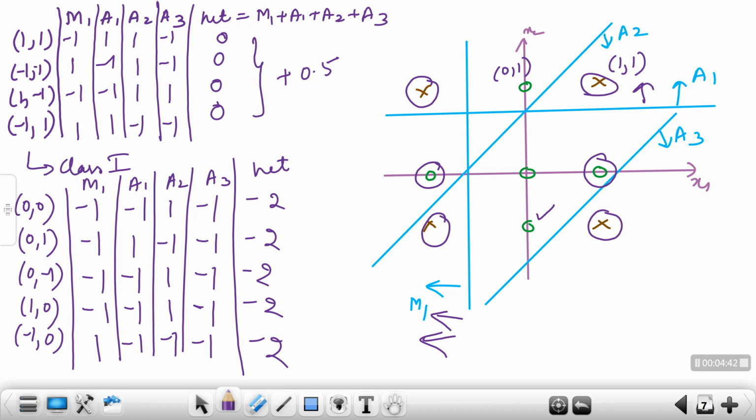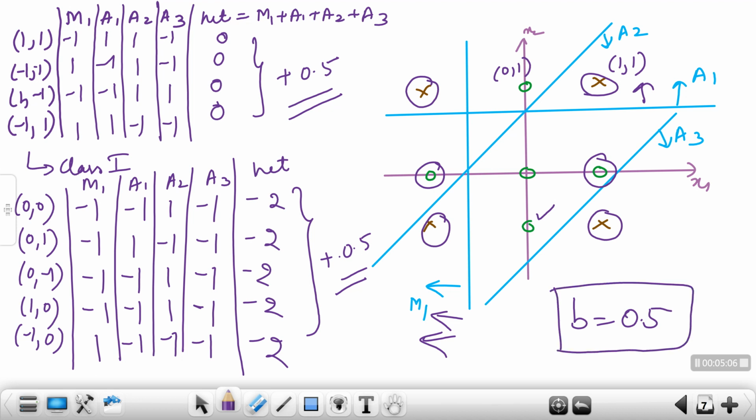Or I can keep the bias as, say, 1, such that when I add a bias of 0.5, this will still be negative and the other will become positive. So I can select a bias which separates the patterns from class 1 and class 2. So I select the bias as 0.5. The bias will be selected as 0.5 in this particular case.